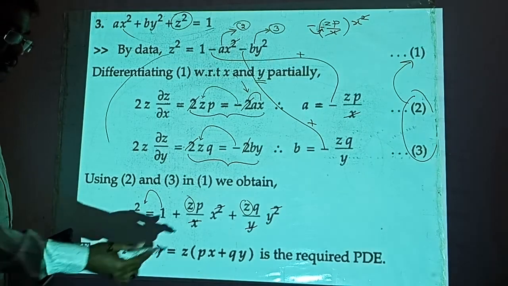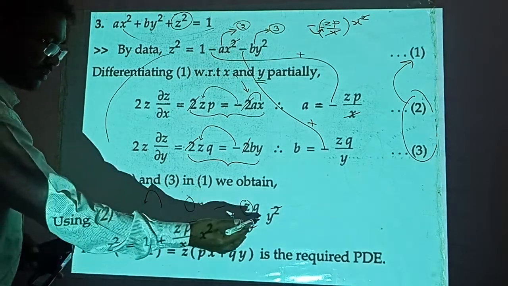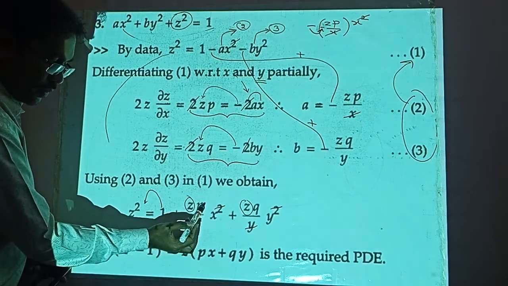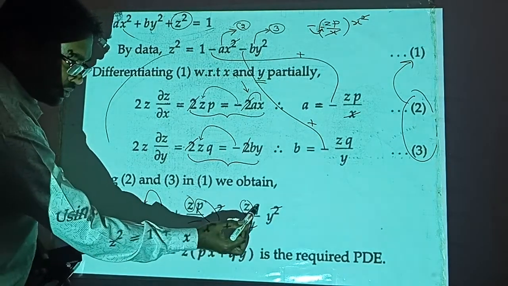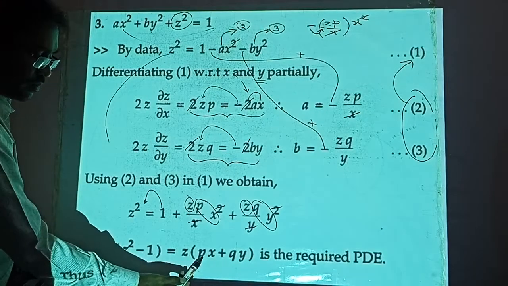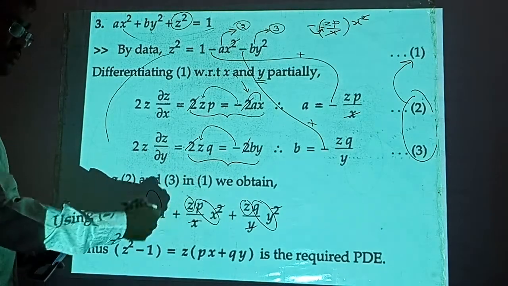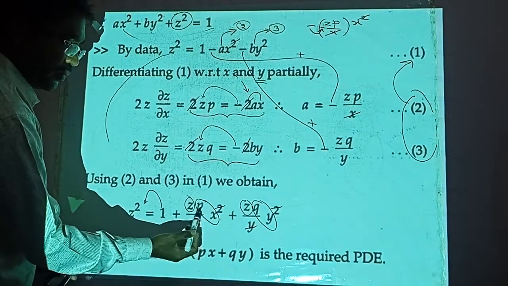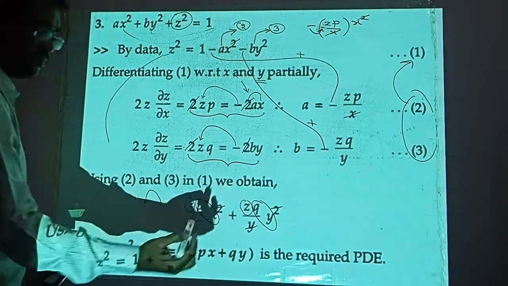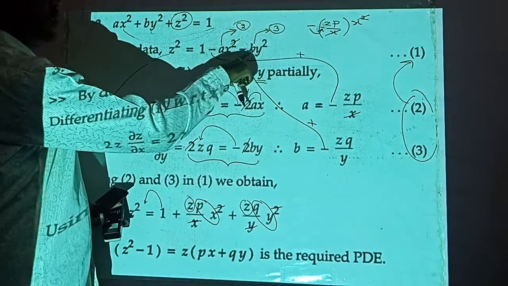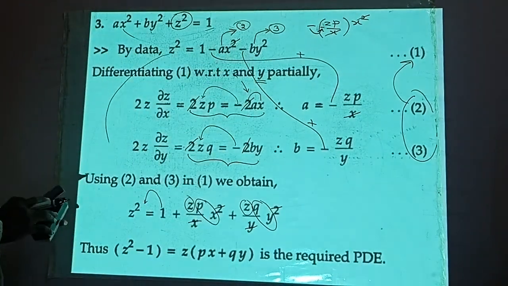If you take z outside after cancellation, what do you get? Z into px plus qy. If you take z outside as a common factor, you will get px plus qy. So this is how we have eliminated the constants a and b to form the PDE.